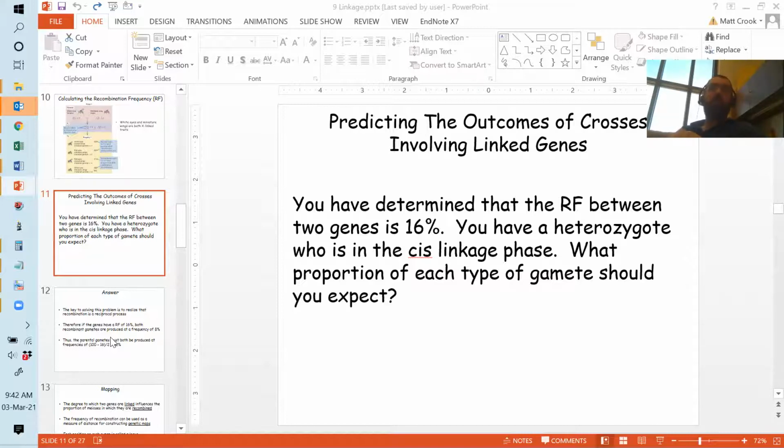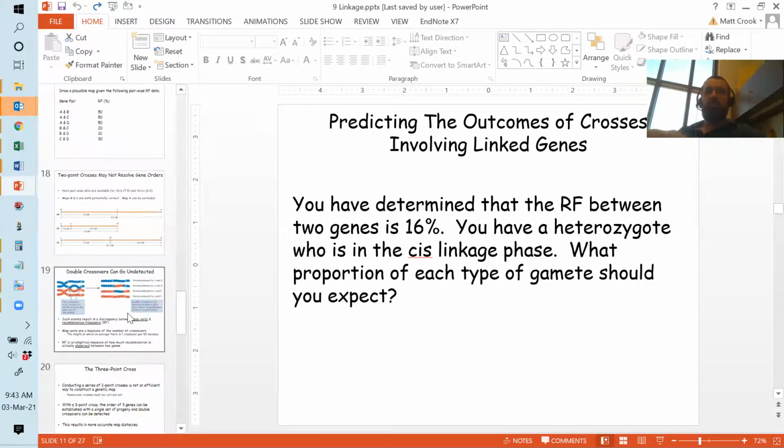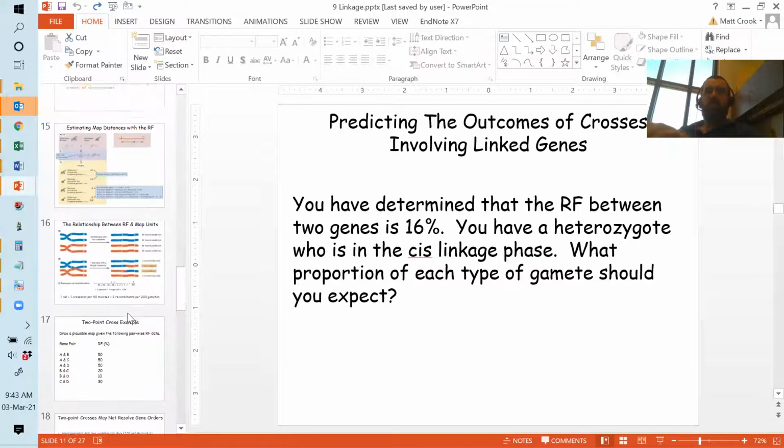Yeah. Don't get too tied up on the cis versus trans. That's really more figuring out gene order and allele combinations, right? Recombination frequency is another piece of information, essentially. The two don't have to go together.